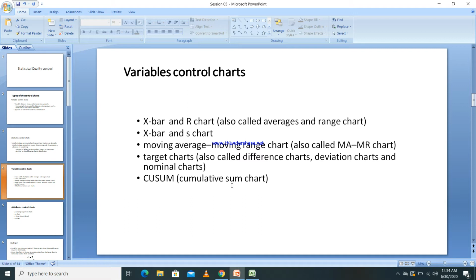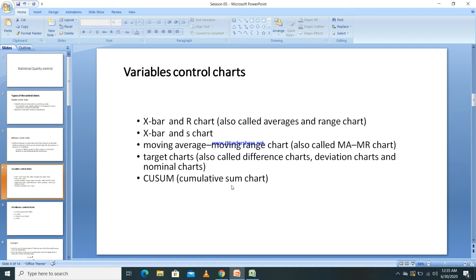When it comes to variable control charts, there are many. If I mention a few, you have X bar charts and R charts. We also call them average charts and range charts. That is, the X bar chart is the average chart, and the R chart is the range chart. And then again, in some cases we use the X bar chart with the S chart.